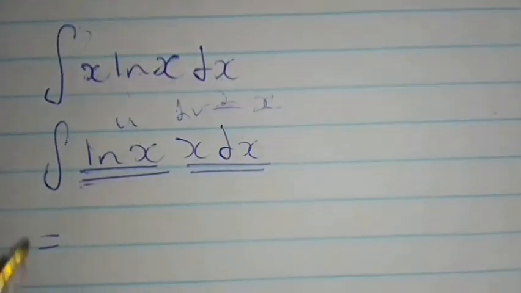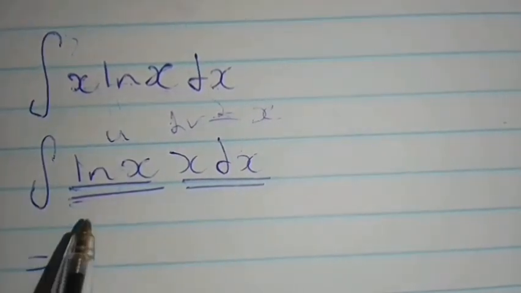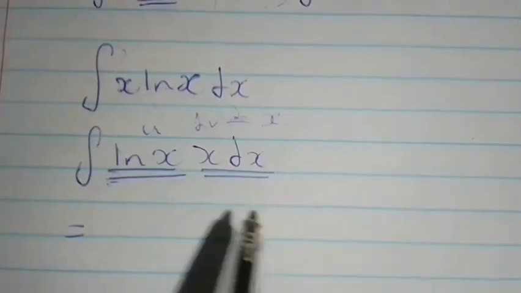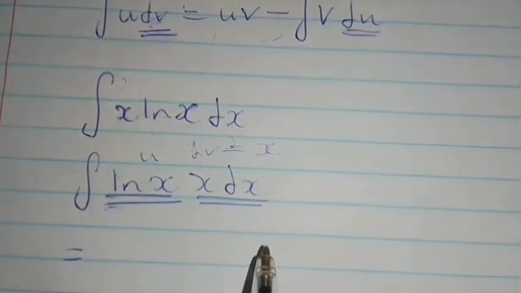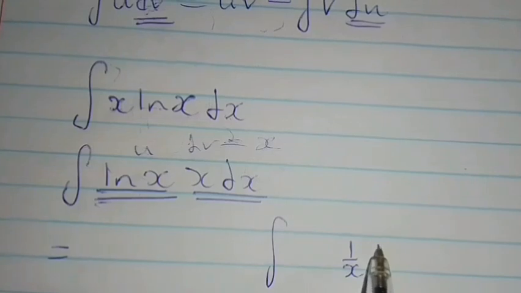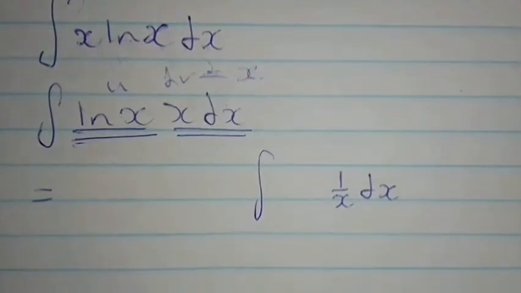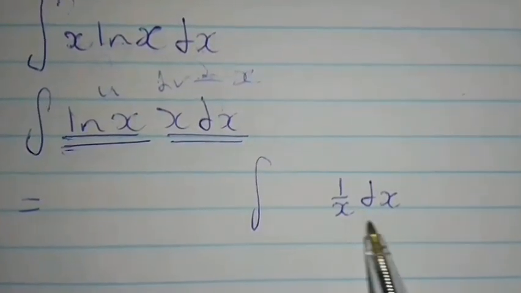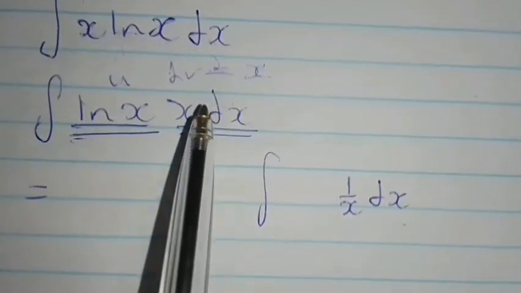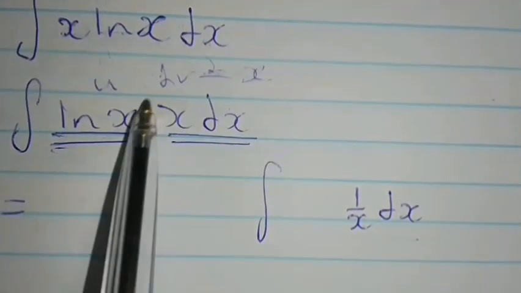So now, what's the derivative of the natural log of x? The derivative of the natural log of x is going to be 1 over x. So you have 1 over x dx as the derivative, the last term. So you already know what's inside the integral on the other side. And then you integrate x.